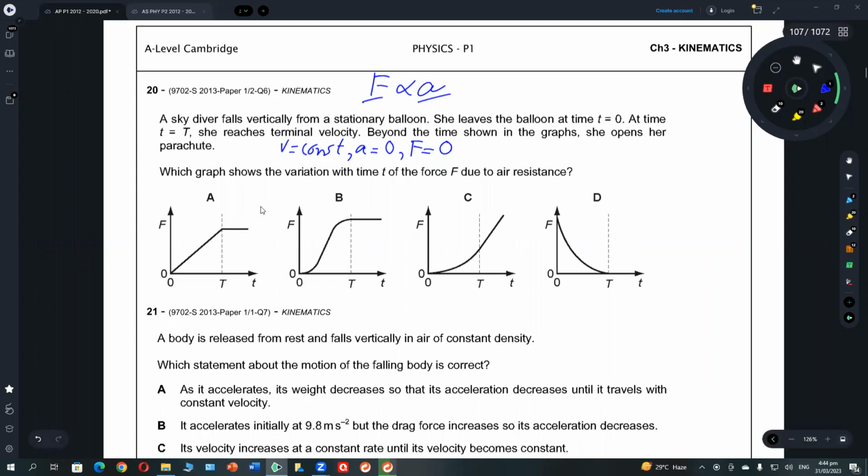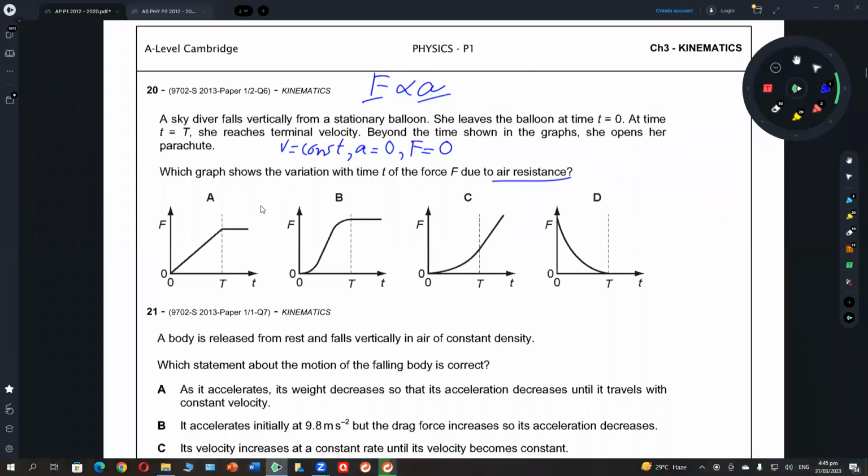beyond the time shown in the graph, she opens her parachute. He's talking about air resistance. Now this is a trap. Normally, a student will mark the answer as D. Can you guess why many students would have marked it D?